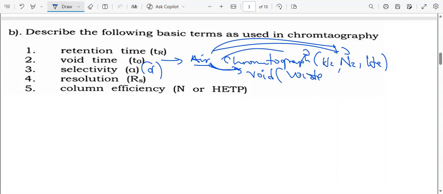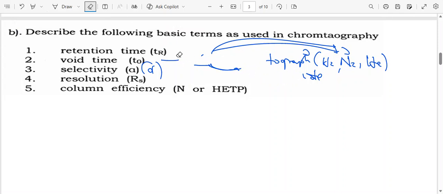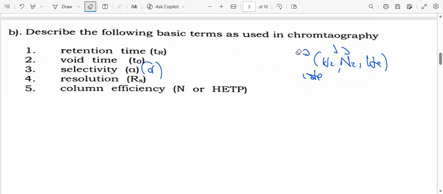It represents the mobile phase travel time. In short, it's not retained. It is the time taken by an unretained compound to pass through the column. So we have to be very careful with the way we pack the columns, the type of gas flows we use, and so on. It's very important as well.